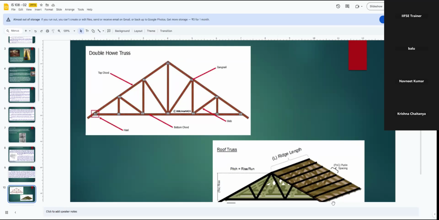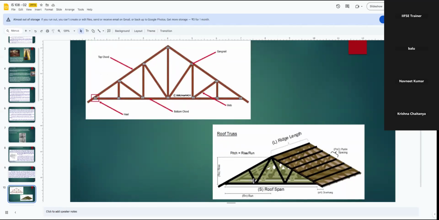What will happen if you see this here? We have a number of supports. Here you will see one more purlin in the back end, just assume. Then here you have one support or trusses. At least three or four. Here if you count 1, 2, 3, 4, 5, 6, 7, 8, a total of 8 supports you have given here.